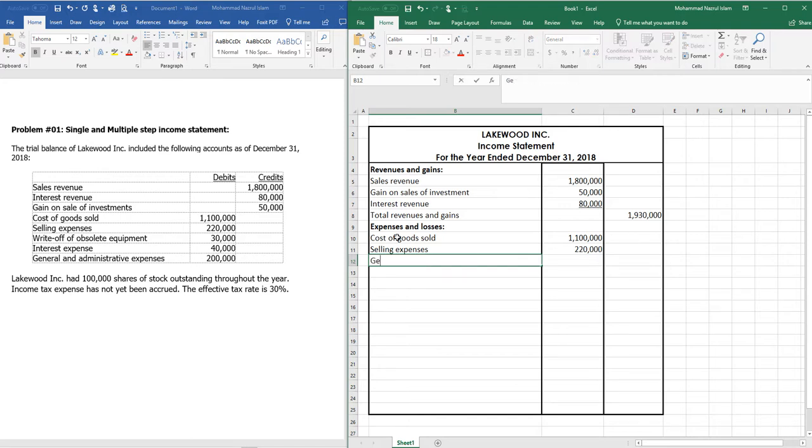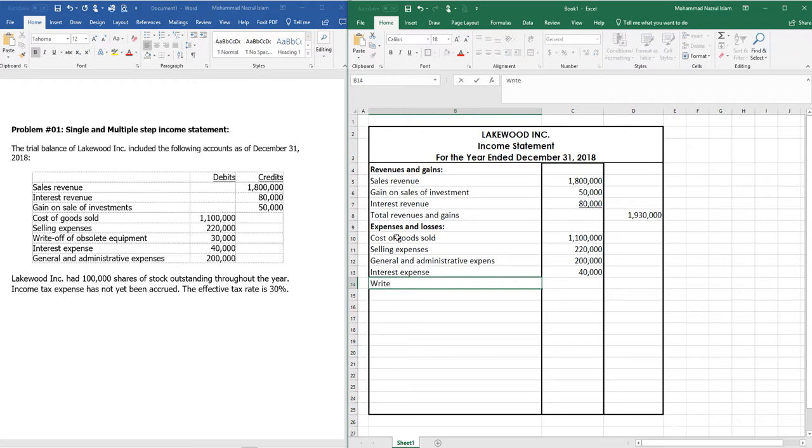Then general and administrative expense, which is 200,000. Then we have interest expense, which is 40,000.